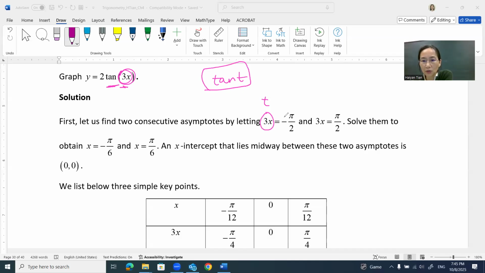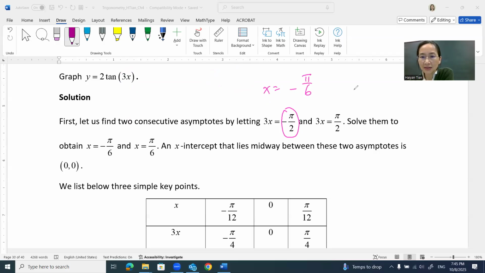And we know we have vertical asymptotes when t is negative half of pi and when t is positive half of pi. So when t is negative half of pi, that means 3x is negative half of pi. Then what is x? We divide by 3 on both sides, so x is negative pi over 6.